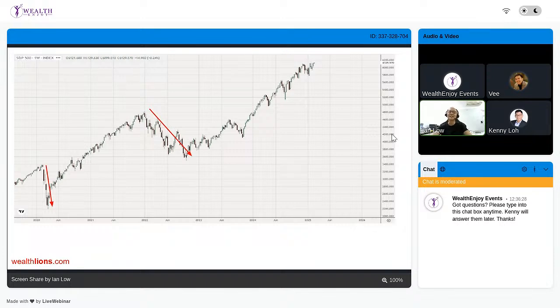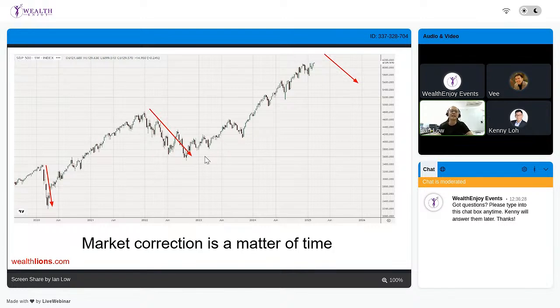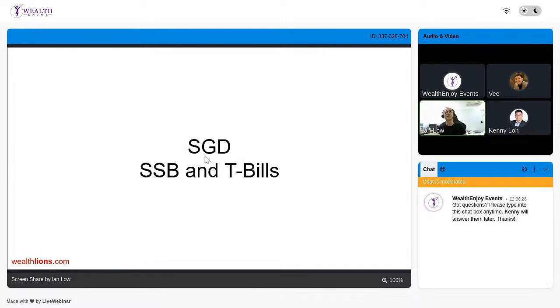Even before interest rates rose, the moment the Fed alluded to a possible rise, the market started to have a correction. So eventually there'll be a correction, I do not know when. Market correction is a matter of time.